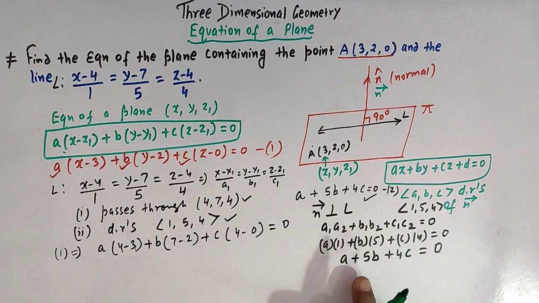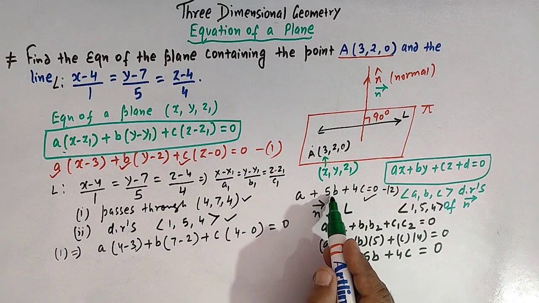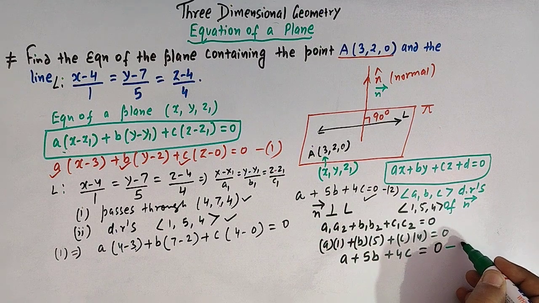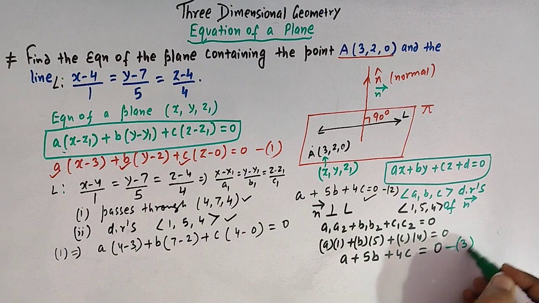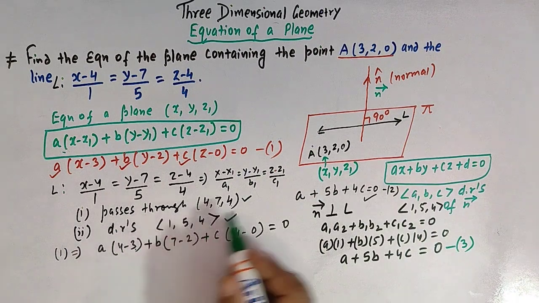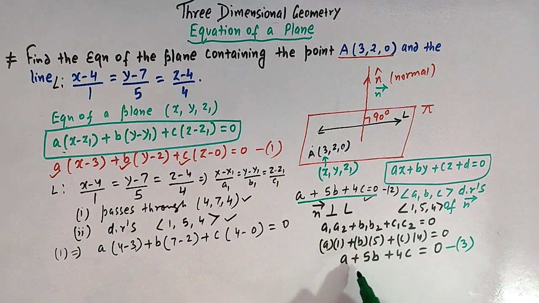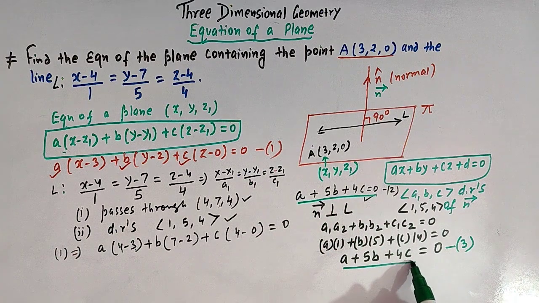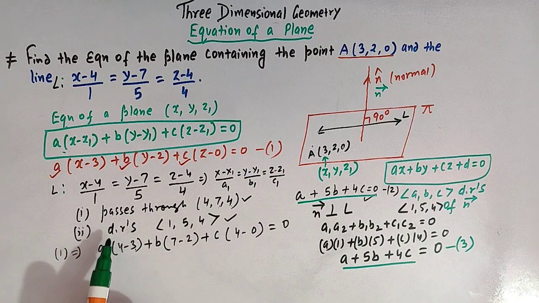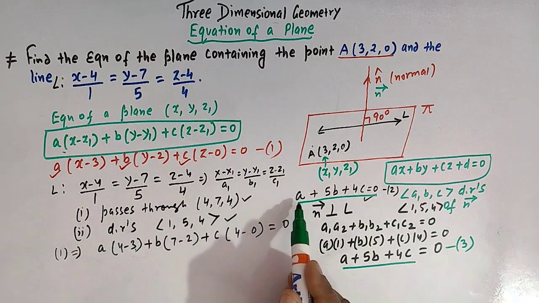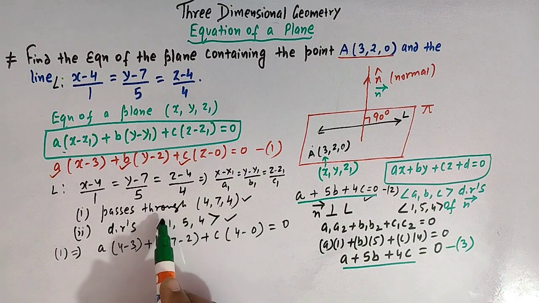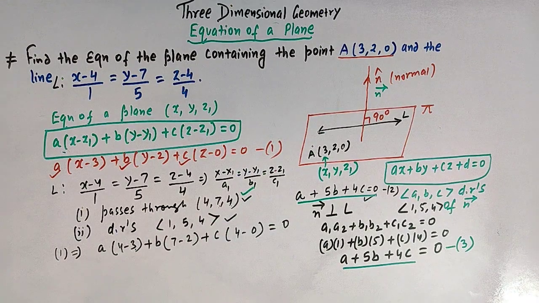See, we have got the same equation. We can denote this equation by equation number 3. Initially we got this equation, and then we got this equation. This equation is the result of the direction ratios, and this equation is the result of this point, right?